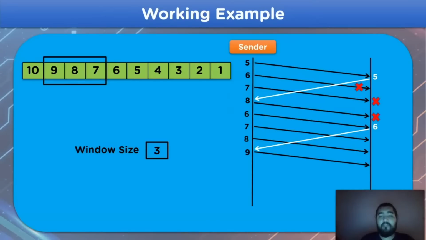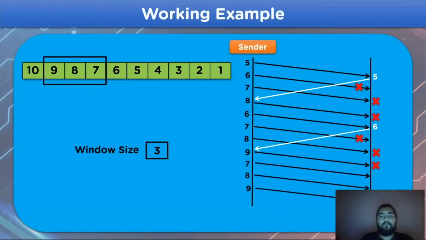Now let's recount the position of the next frame, that is frame number 7 from the beginning, and that would be 16. That means frame number 7 will get lost during transmission from the sender to the receiver side. And similarly, frames 7, 8 and 9 are to be retransmitted according to the Go-Back-N ARQ protocol.